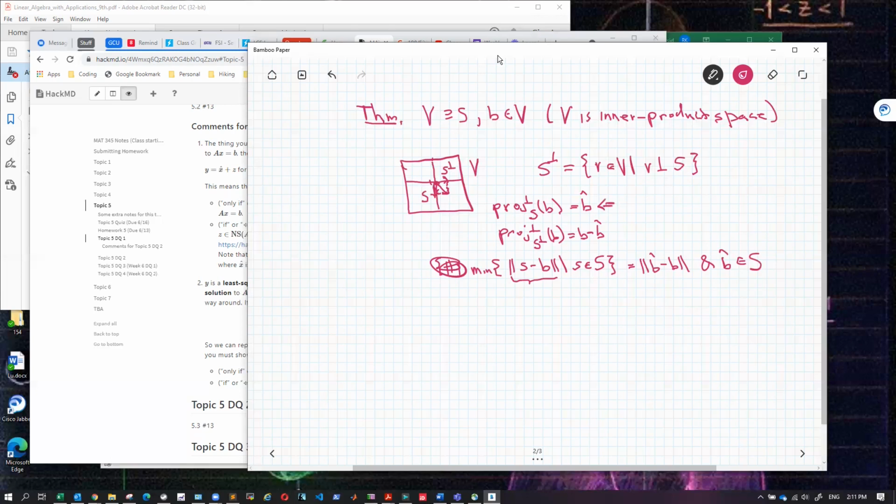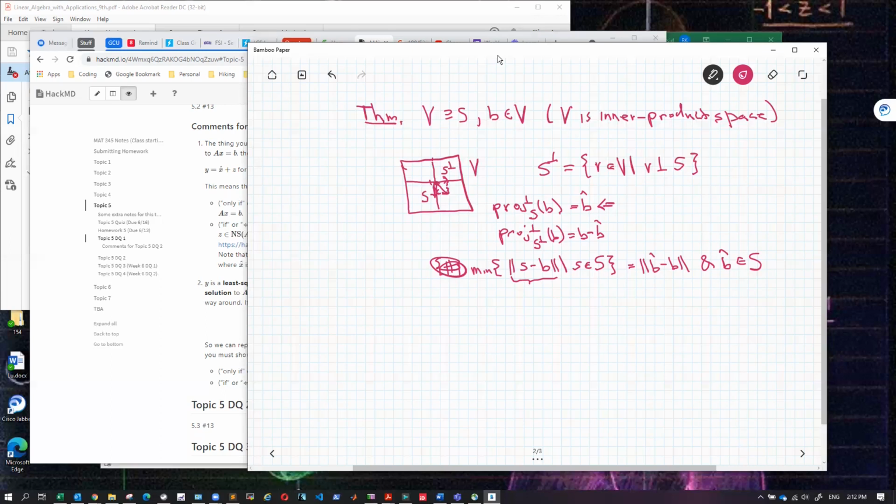If I take the perpendicular projection of B1 plus B2, that's going to be the projection of B1 plus the projection of B2. If I take the projection of alpha times B, it's going to be alpha times the projection of B. So this is actually a linear function too, which is a hint that it's given by a matrix, okay?